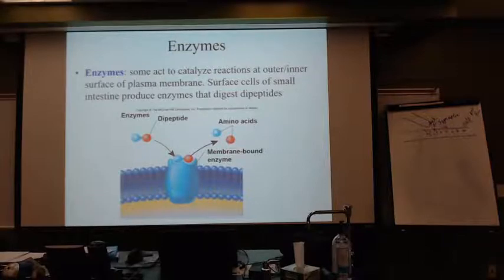So the cell does work to make these proteins. But it doesn't have to continually focus on that, because once it makes it and that protein gets embedded into the plasma membrane, it can work over and over and over, and the cell might not ever need to make it again until it duplicates and the whole cell starts over again.